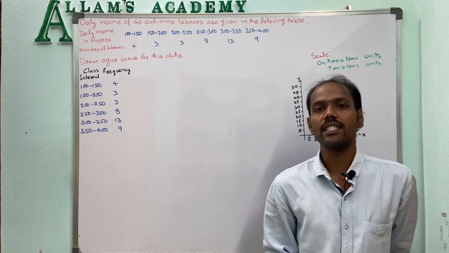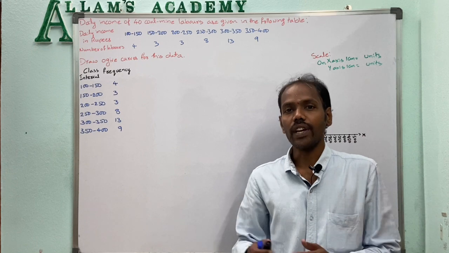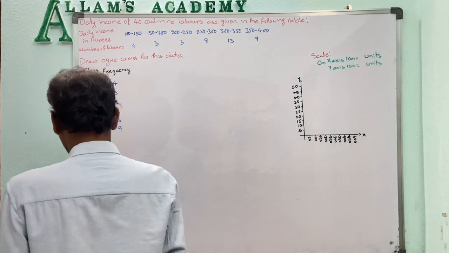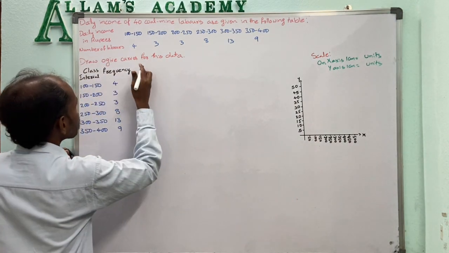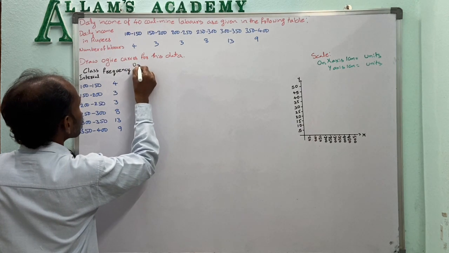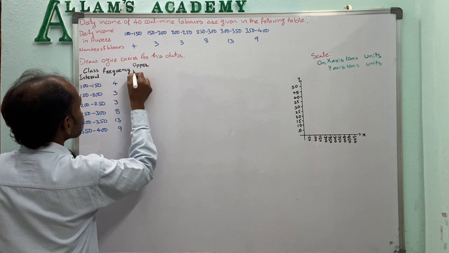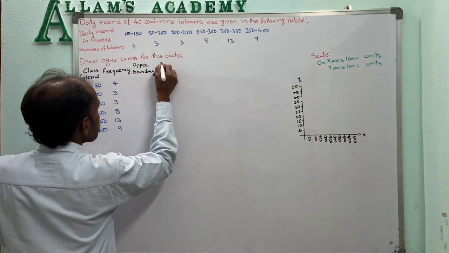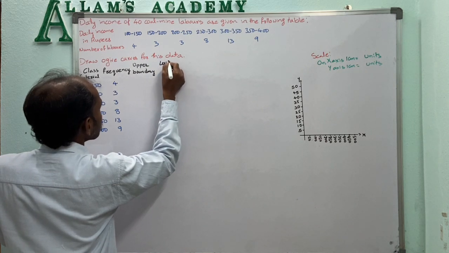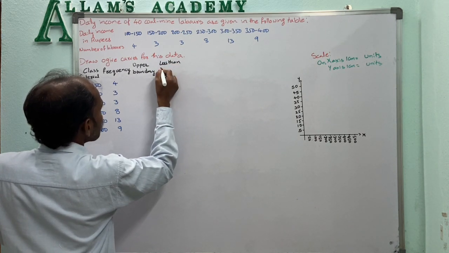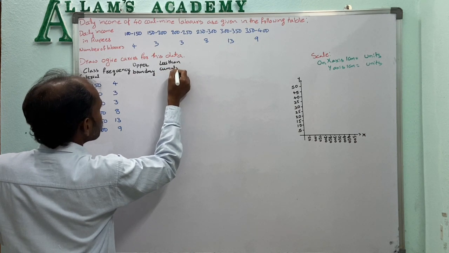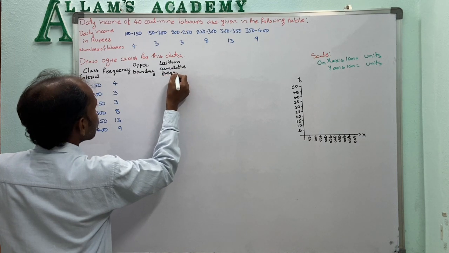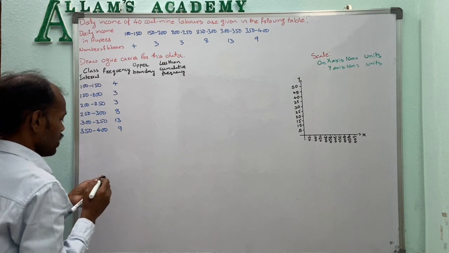For the less than cumulative frequency curve, we have to take upper boundaries, and their corresponding less than cumulative frequency.